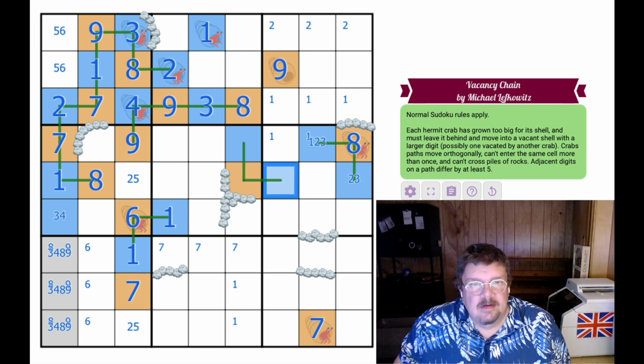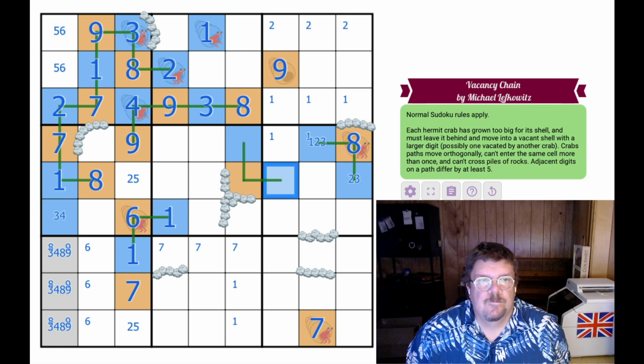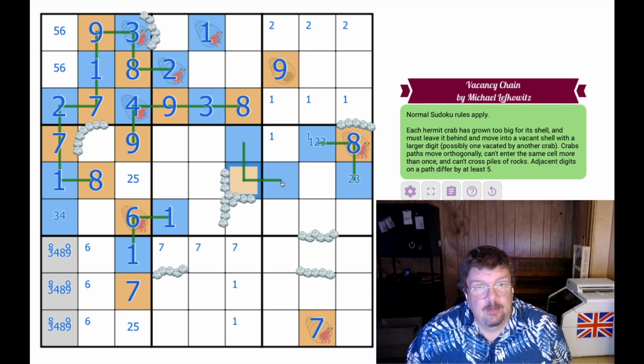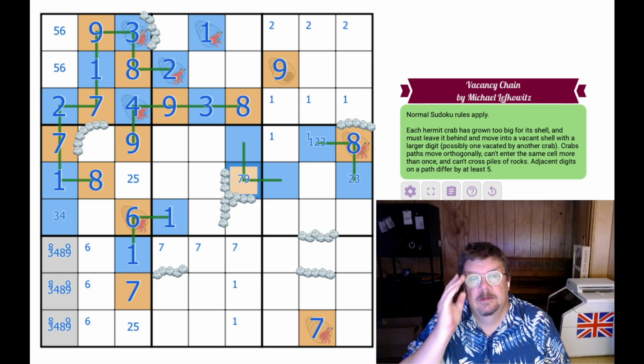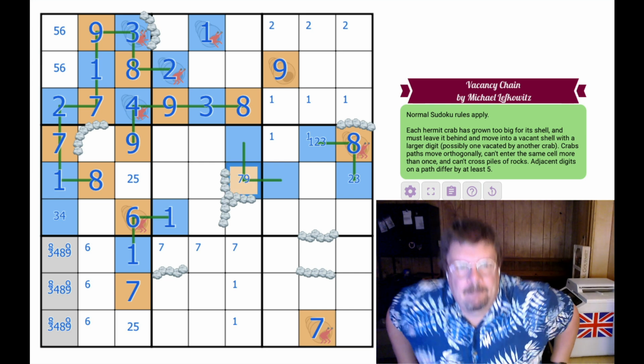I'm enjoying this. So this digit can't be an 8. It can't be a 6 because that would have to be a 1. That's a 7 or a 9. Okay.